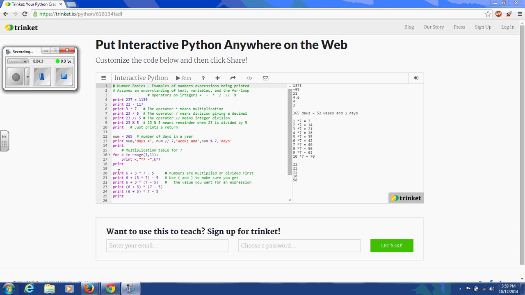So here they have, for line 20, 6 plus 3 times 7 minus 5. For PEMDAS, you have to do multiplication first because there's no parentheses and there's no exponents in this line. So we'll do 3 times 7, which is 21. After multiplication would be division.